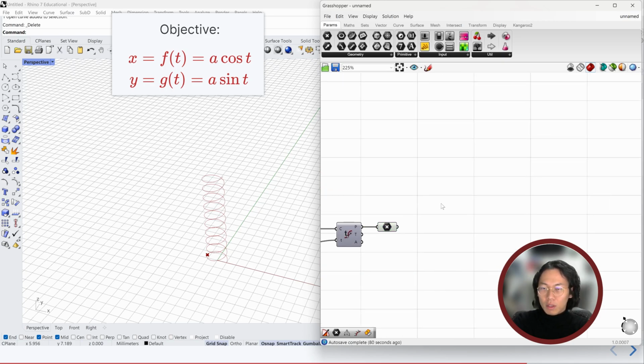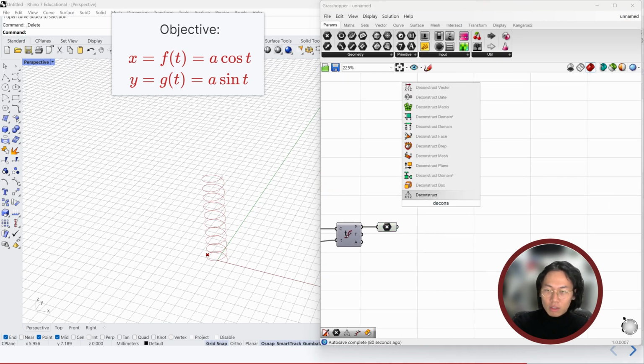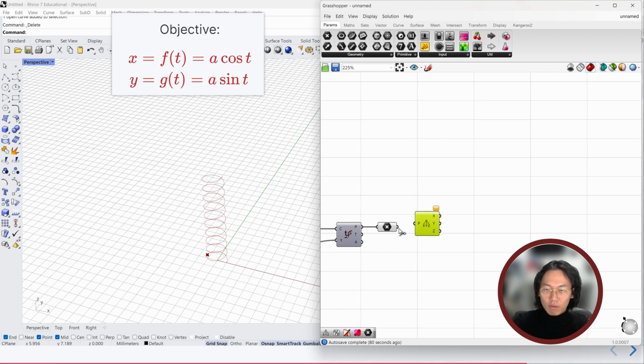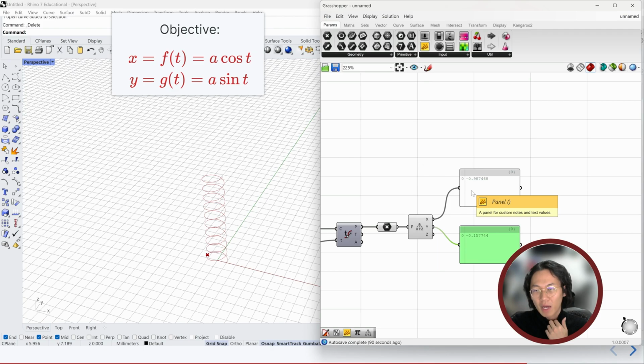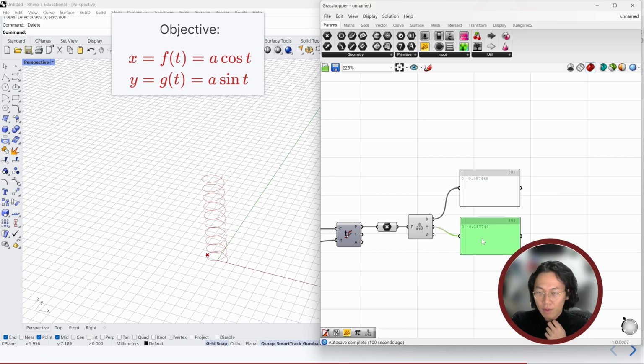this one. So I can deconstruct my point from here, and the value of X and Y is what I'm interested in. So that would be minus 0.987468. The Y value would be minus 0.157744.